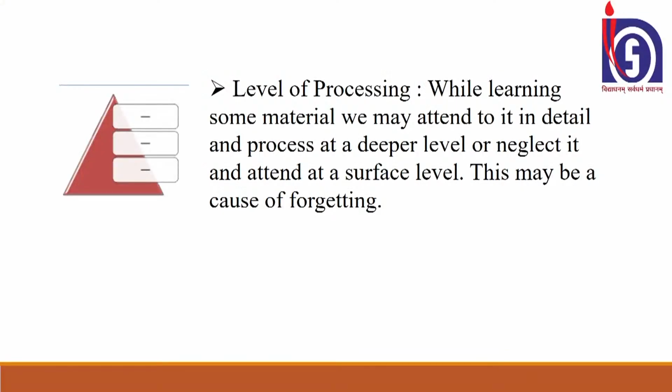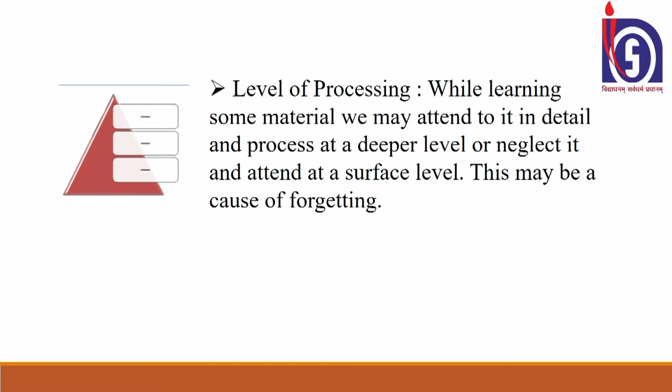The third theory is levels of processing. They say that while learning some material, we tend to either process it in detail at a deeper level or neglect it and attend to it at a surface level. This may be the cause of forgetting.